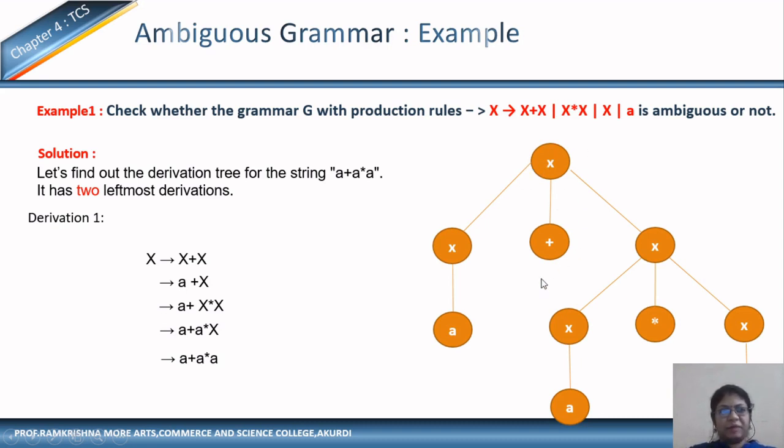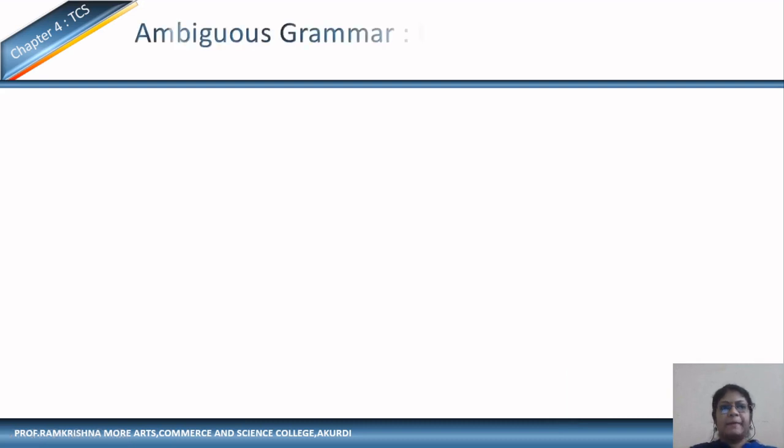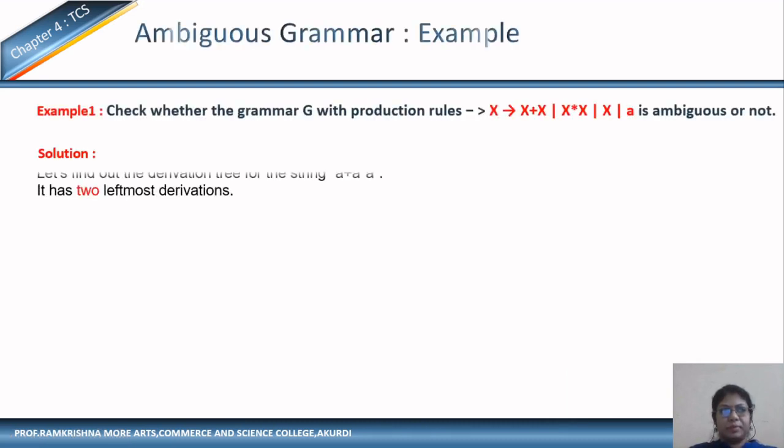for derivation 1, and now we will see derivation 2 for the same string. Derivation 2: X gives X into X. Now see, in the first derivation we took X plus X, and in the second derivation we have taken X into X, and we are going to derive the same string again.